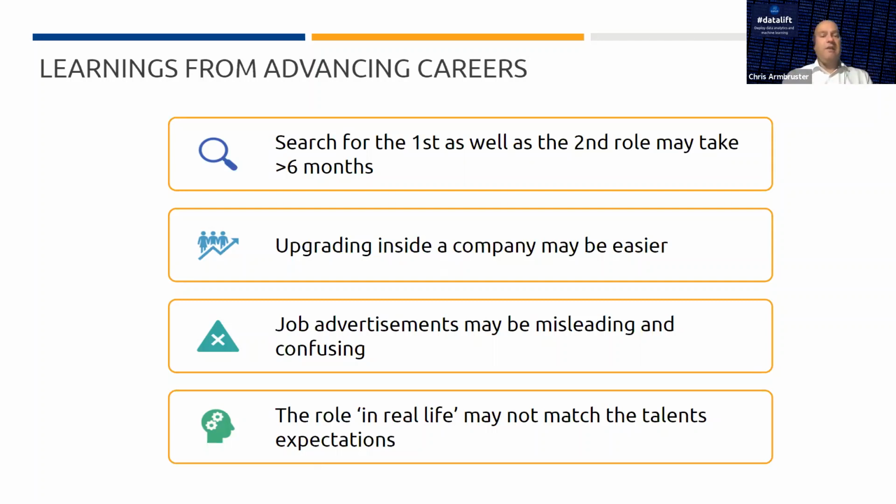Another thing I already alluded to is that job advertisements on the labor market can be misleading or confusing. Sometimes you're looking at job advertisements and they have the unicorn list, so you're supposed to do everything and anything. That can be confusing. Sometimes, if you look at the job description, you're wondering, is it data scientist? Is it data analyst? What exactly do they want?